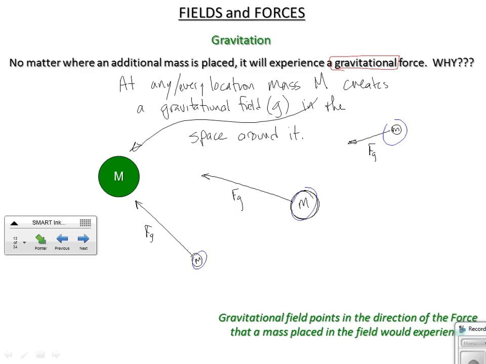So if here's the Earth, the gravitational field near Earth can be represented by a bunch of vectors that point inward. We would call those gravitational field strength vectors, or gravitational field vectors.